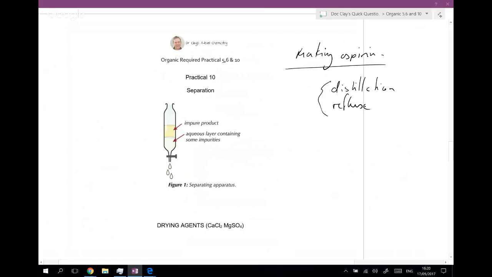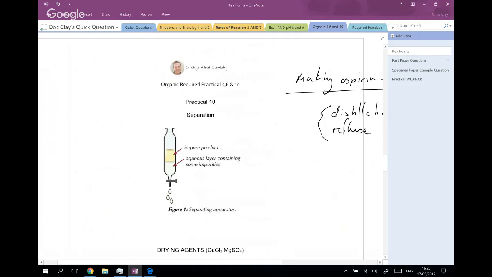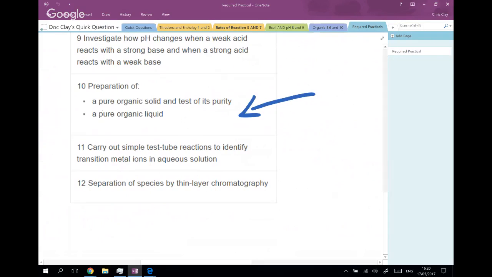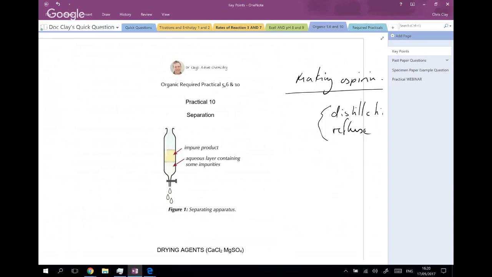If we pull up the key that they've got here for number 10, it is the preparation of a pure organic solid and test of its purity, and the pure organic liquid. You don't need to know the specific chemicals needed to make aspirin.